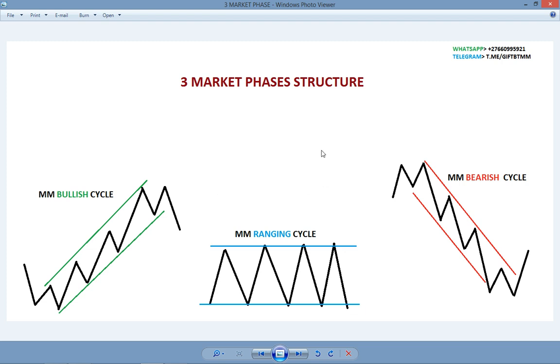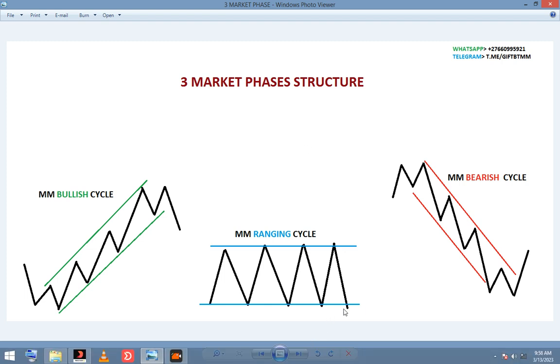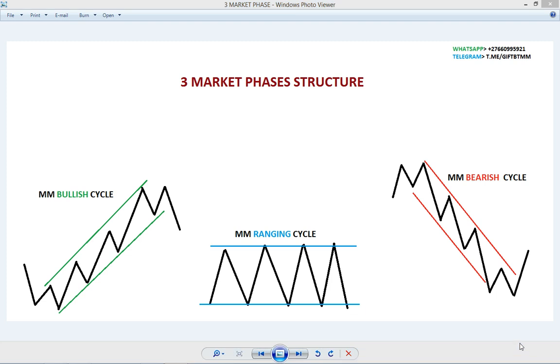I would like to explain where the MM ranging cycle occurs. The MM ranging cycle mostly occurs on the previous high, the previous low of the week or of the day.